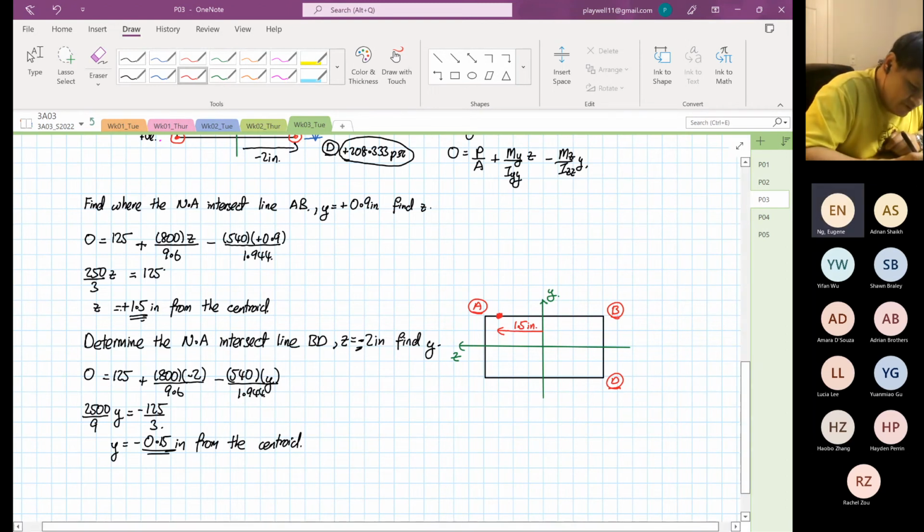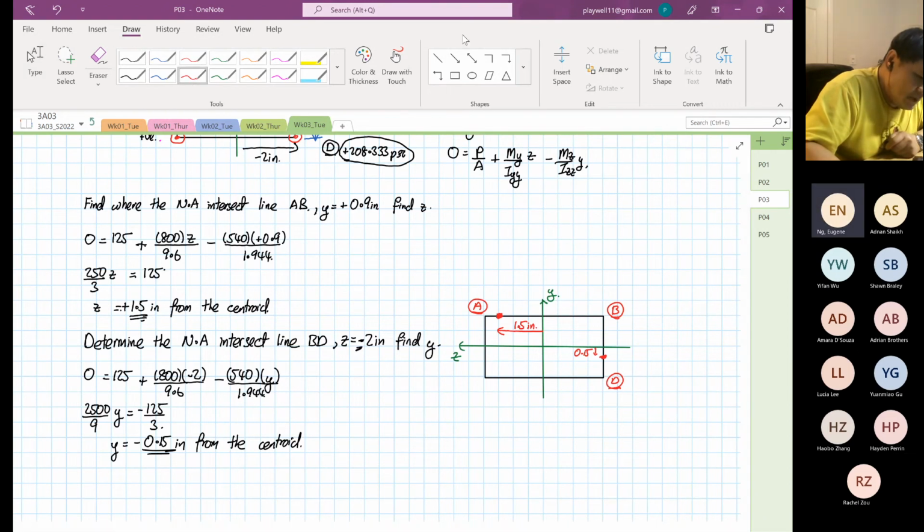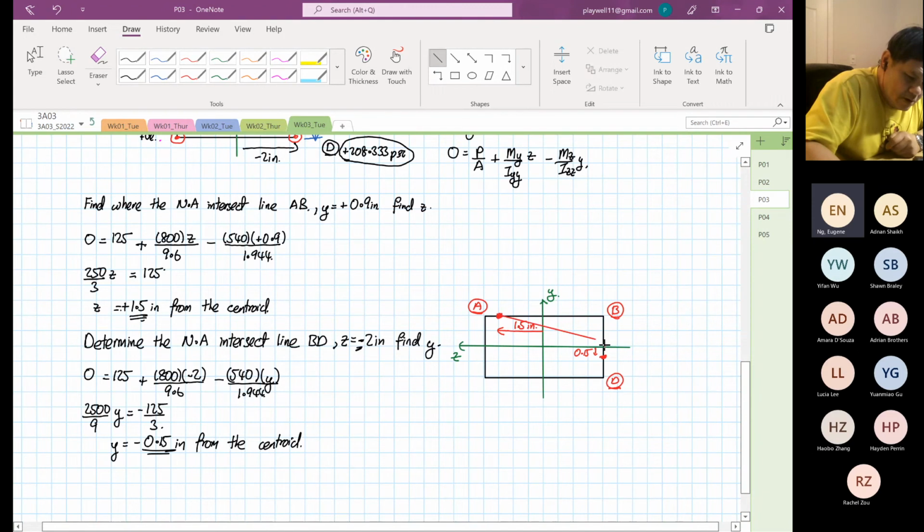So from here to here, this distance over here, this is our 0.15. So it intersects somewhere around here. Okay. So we draw a line here, intersect here. So this is the position of our orientation of our neutral axis.